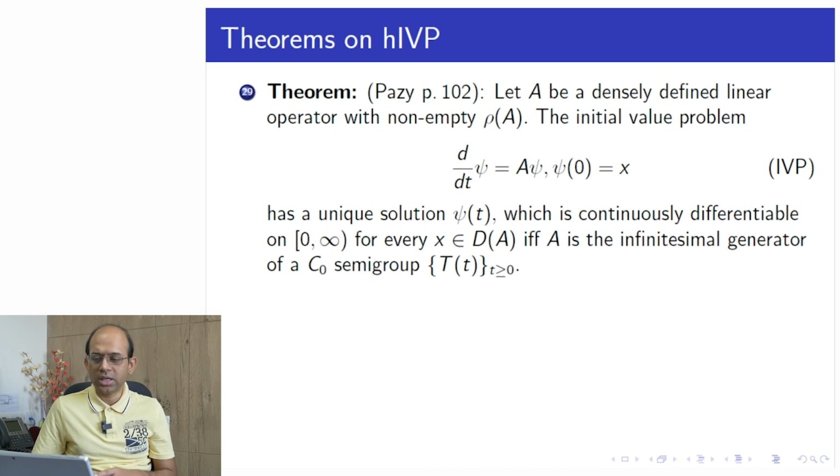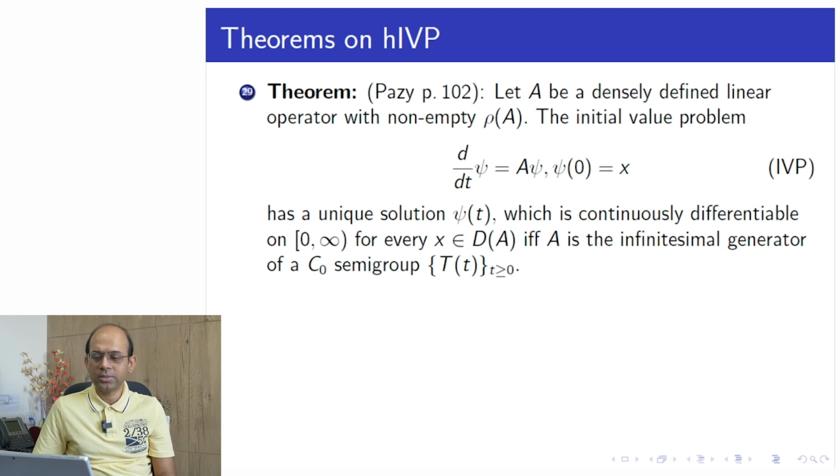But this theorem says the other side also, it is an if and only if statement: this equation has a unique solution psi(t), which is continuously differentiable. Basically, it is talking about the classical solution for every x in the domain of A, if and only if A is the infinitesimal generator of a C0 semigroup.